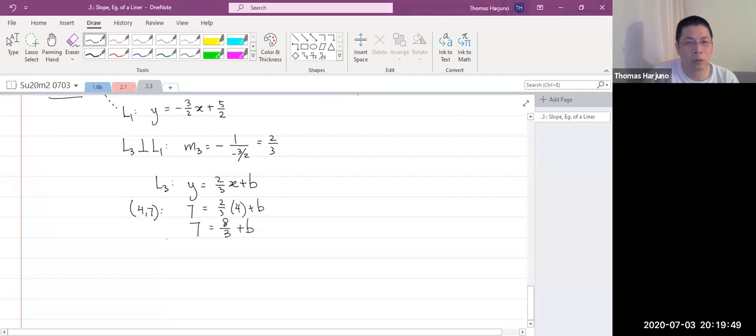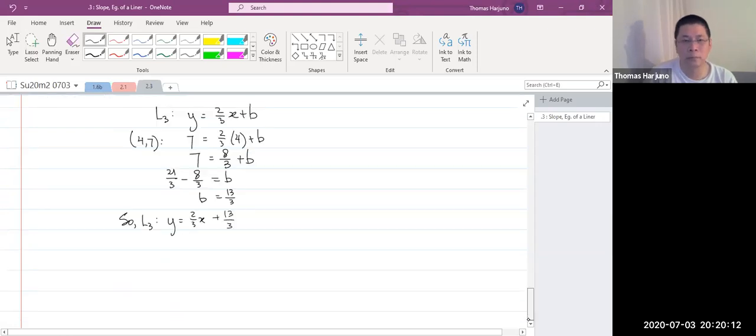So I get 21 over 3, that's my 7, minus 8 over 3 equals b. My b is 13 over 3. So the equation of line 3 is given by y equals 2/3 x plus 13/3. So we are actually done here.